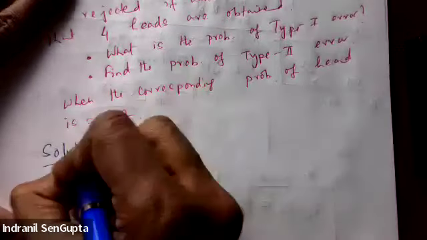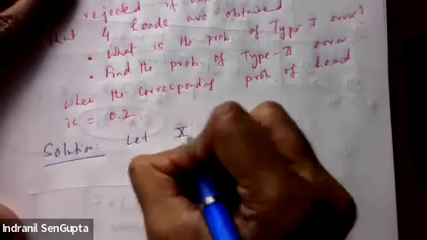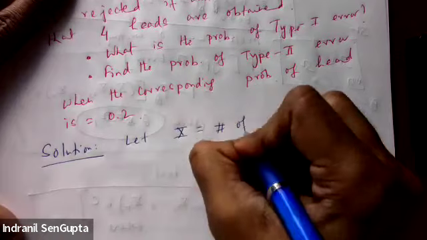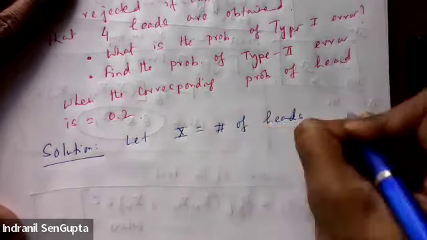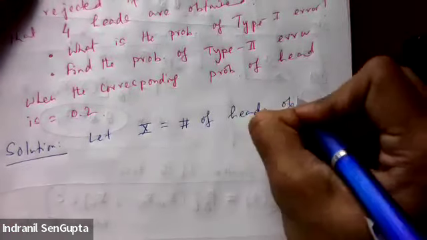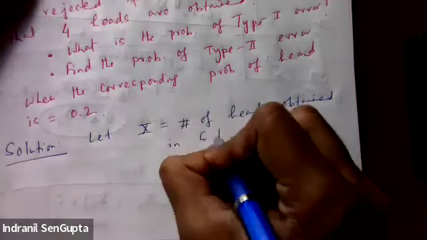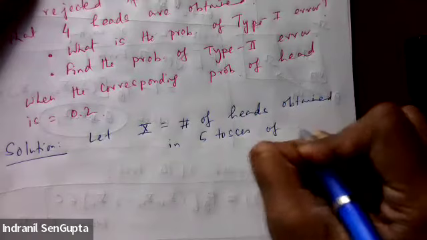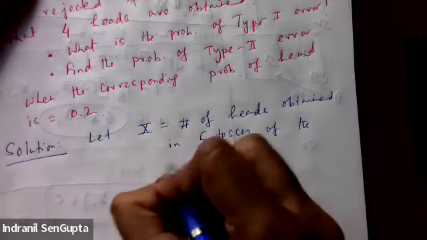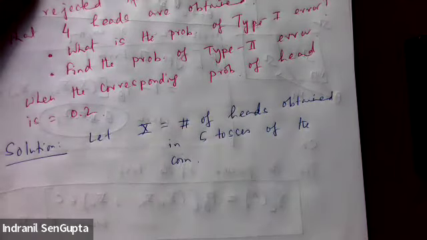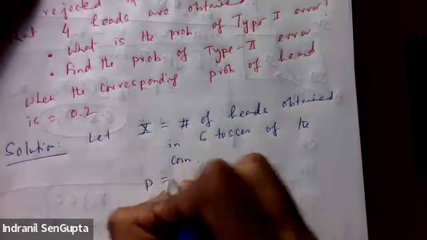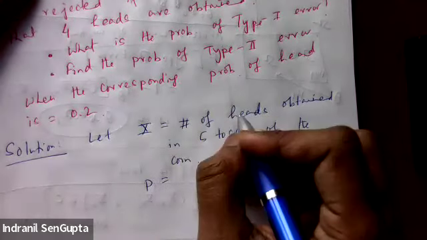All right. So let X be the number of heads obtained in 5 tosses of the coin. X is the random variable, that is the number of heads.